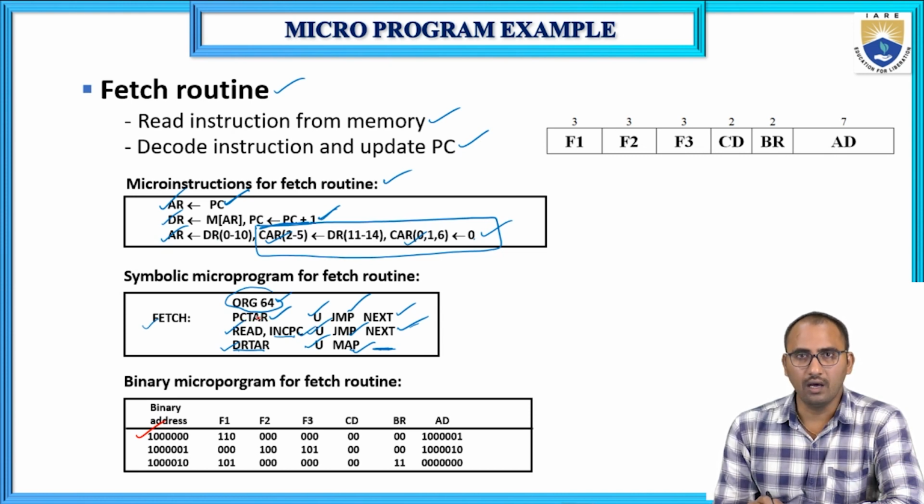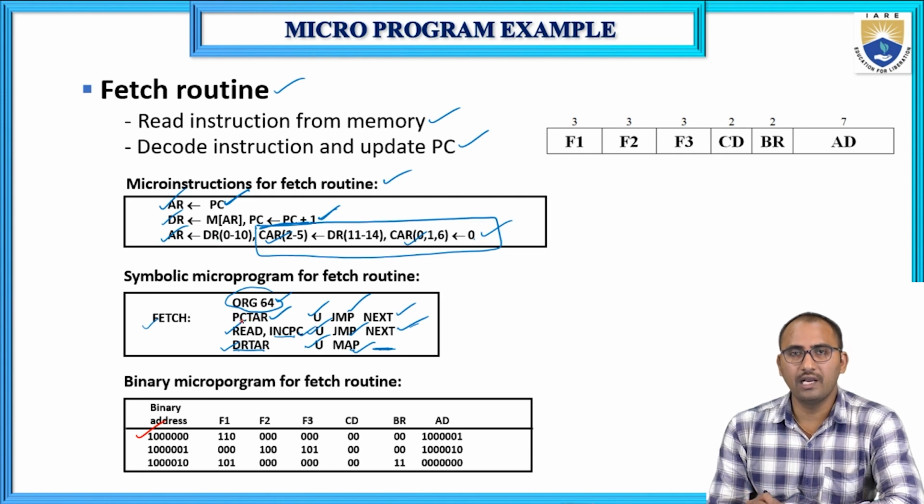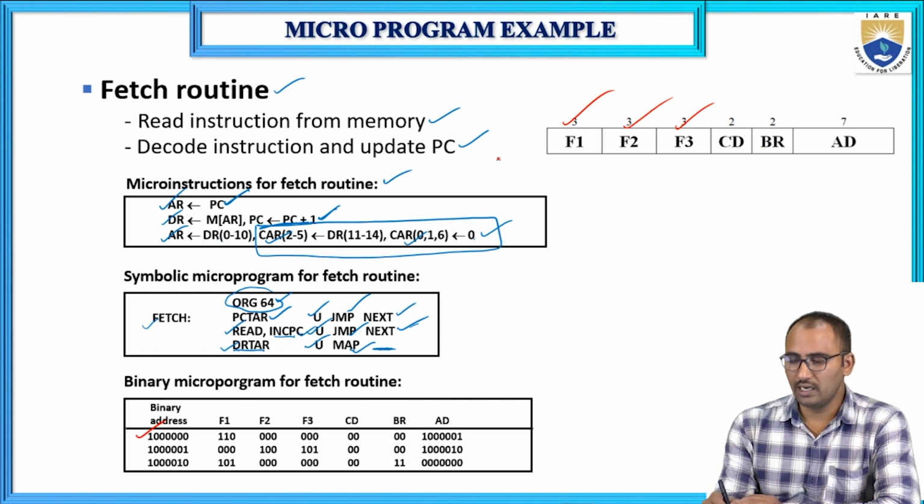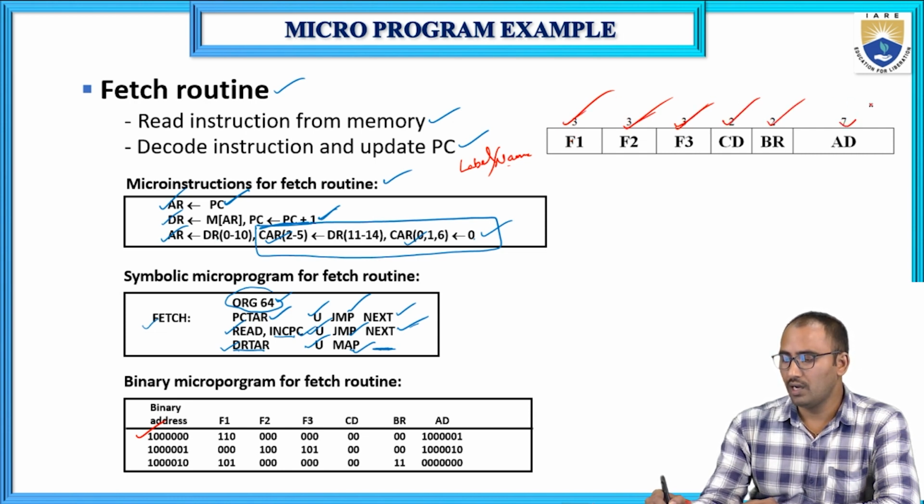So PC to AR, which field is it in? In total we have three fields: F1, F2, F3. Every microinstruction has 7 fields: the label or name, F1 field, F2 field, F3 field, condition field, branch field, and address field.